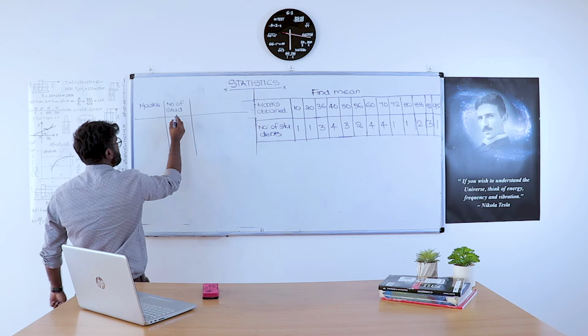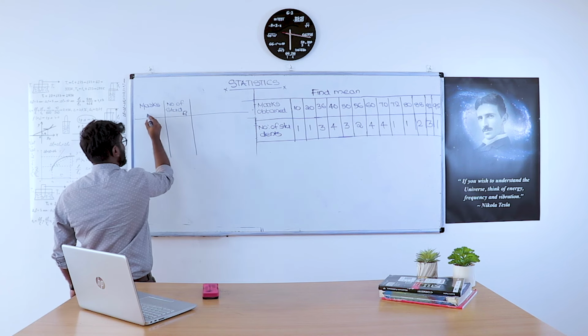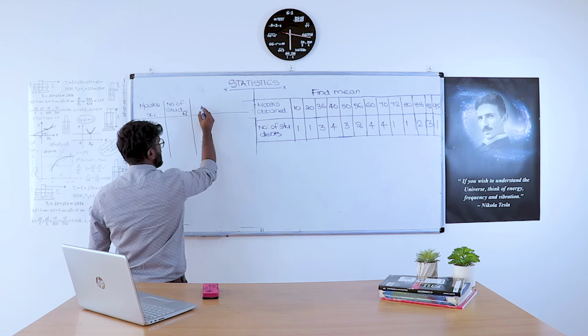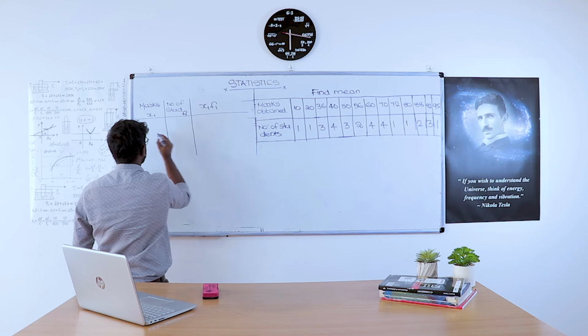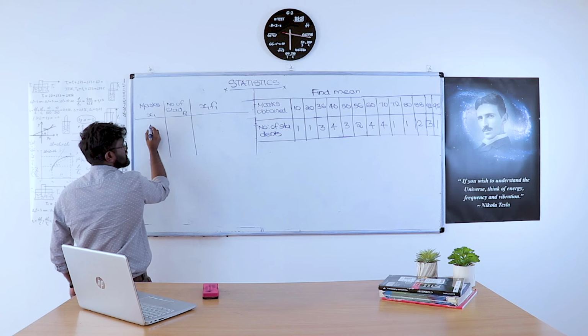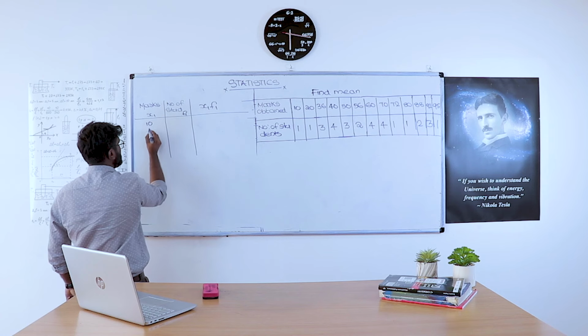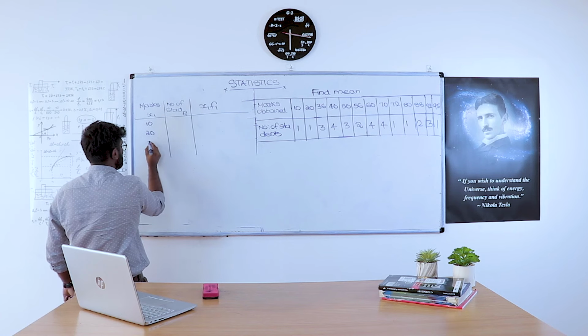Number of students is given by fi and marks is given by xi, and we have to find out xi fi.